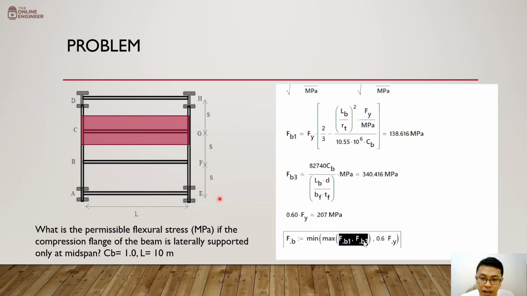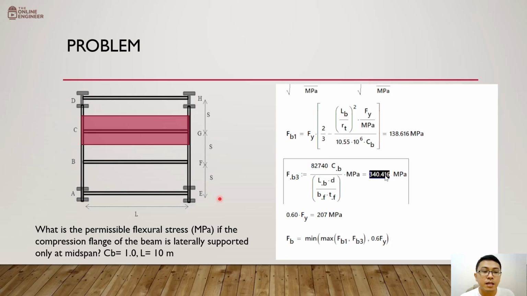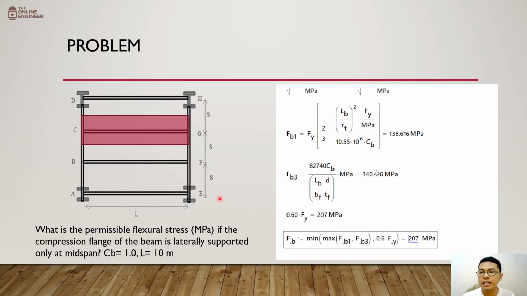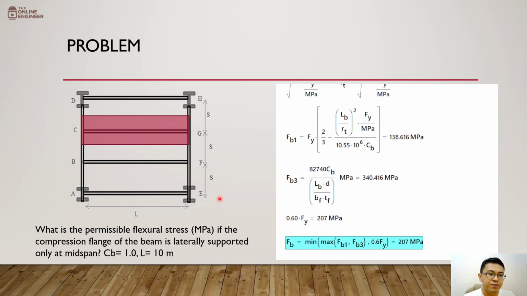So first, get the maximum of the two, and then compare it with 0.6 FY. In this case, the larger is 340, but it should not exceed 207. Therefore, what prevails as our allowable bending stress is 207 megapascal. All right, so this will now be our answer for the third question.